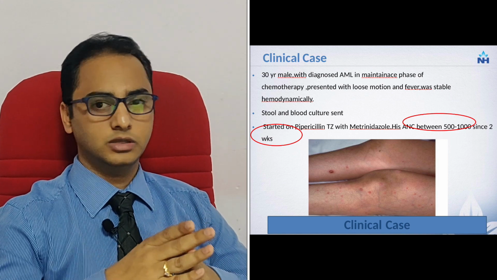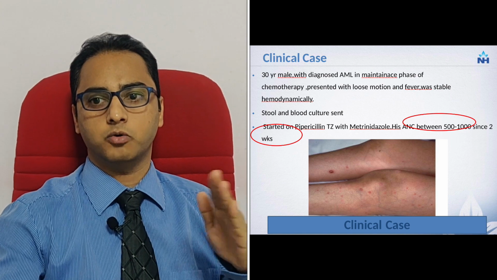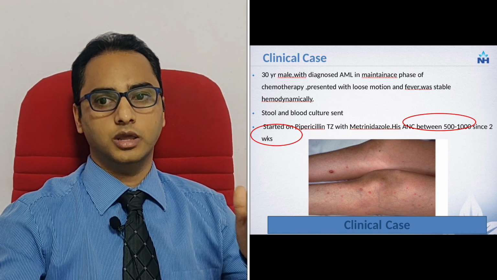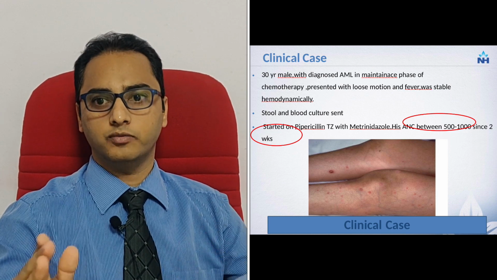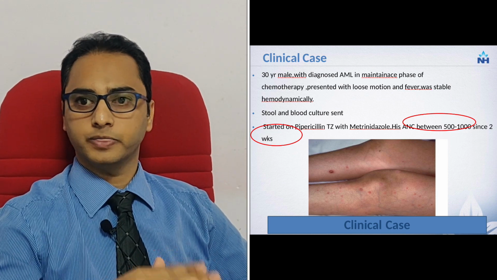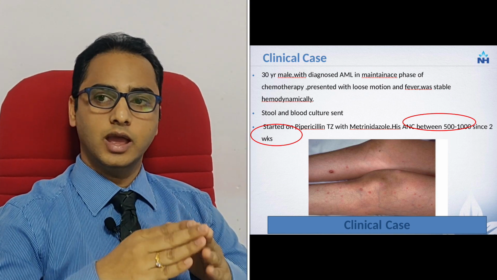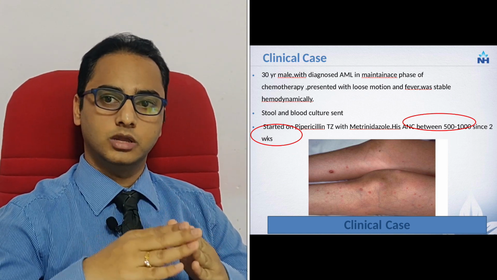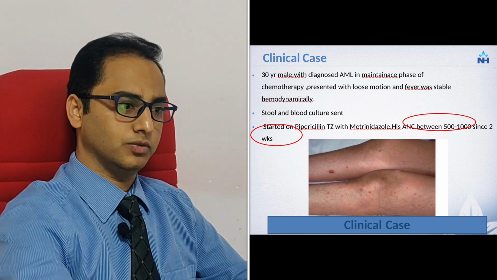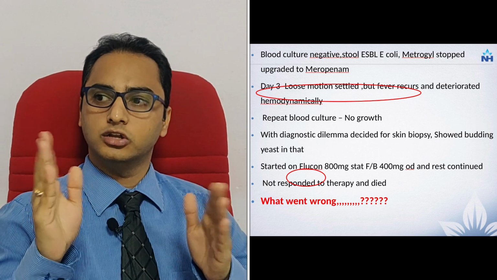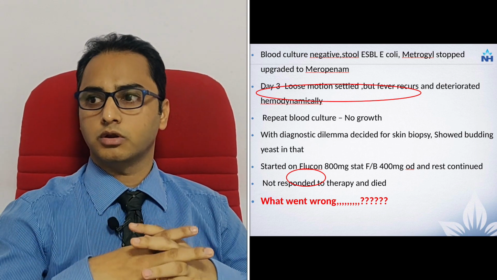Here, the first thing to remember is that the patient was neutropenic for a prolonged time. Prolonged neutropenia we call it when it is more than 10 days. Profound neutropenia is when the absolute neutrophil count is less than 100. So he had prolonged neutropenia, and then we selected fluconazole as an option. That is the wrong thing which we did. The patient was also unstable hemodynamically, so that's also a wrong option.